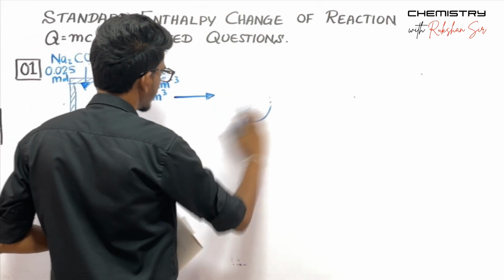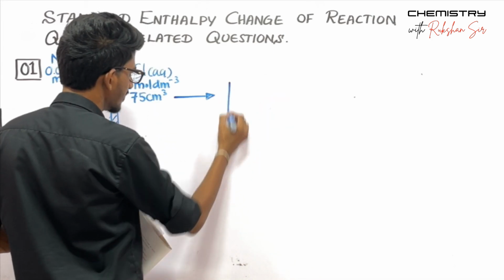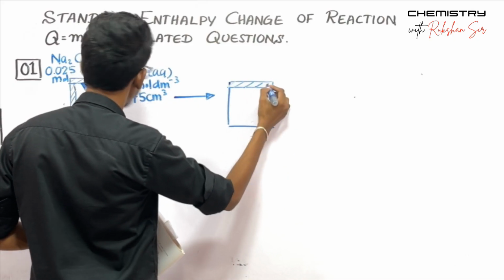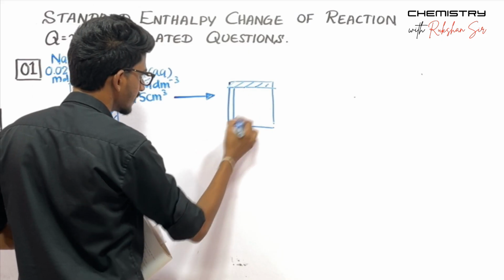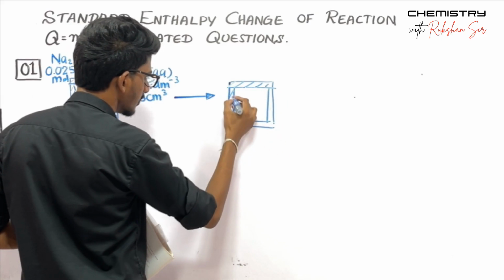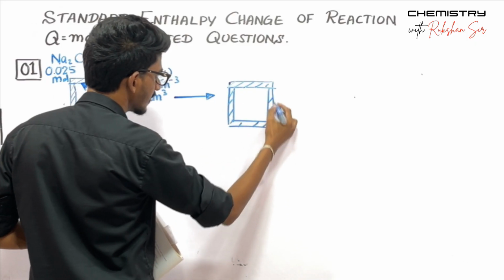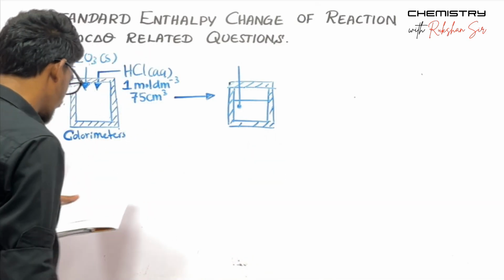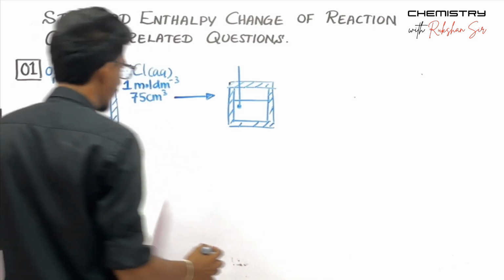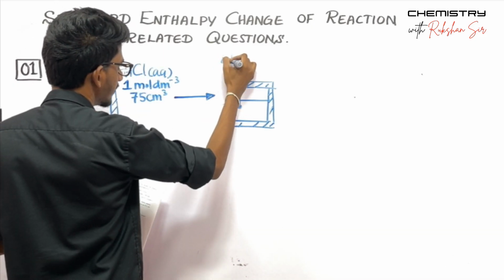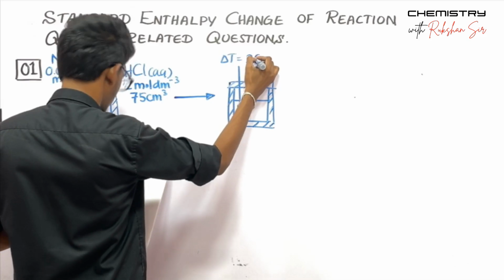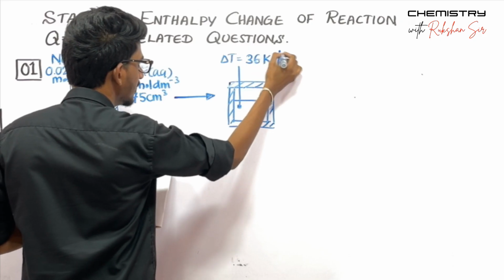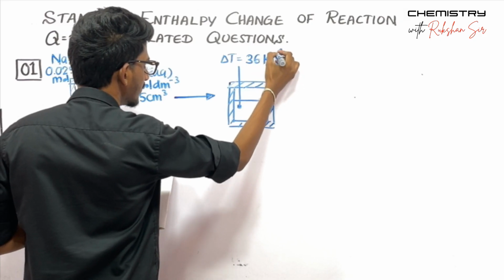The temperature change that occurred is given as 36 Kelvin. Delta T was raised by 36 Kelvin.